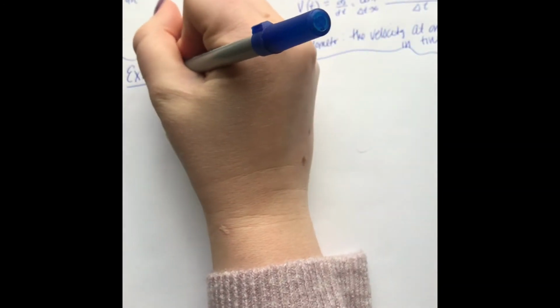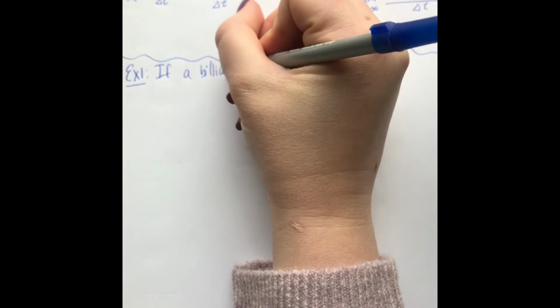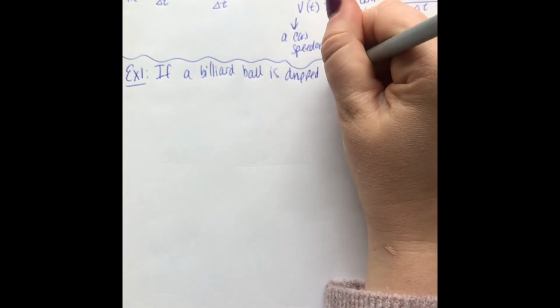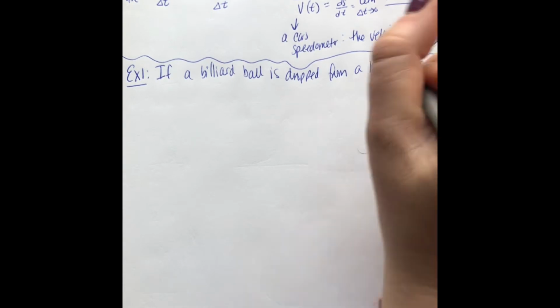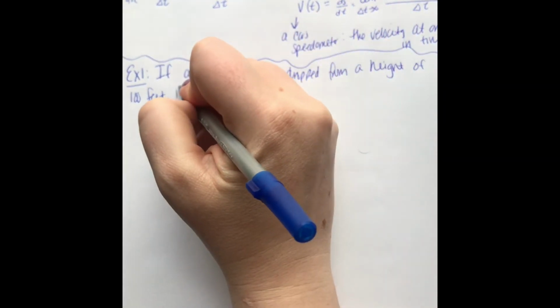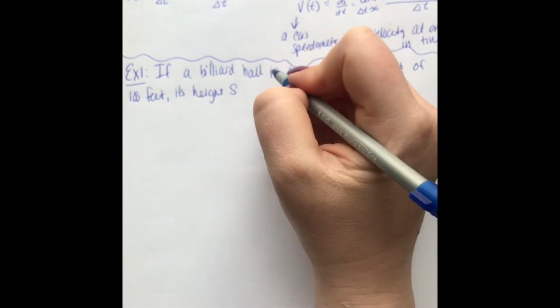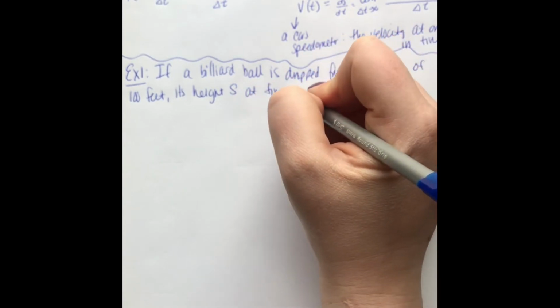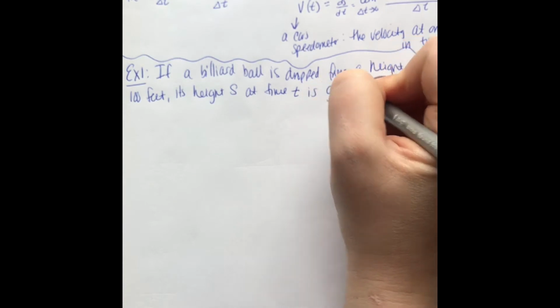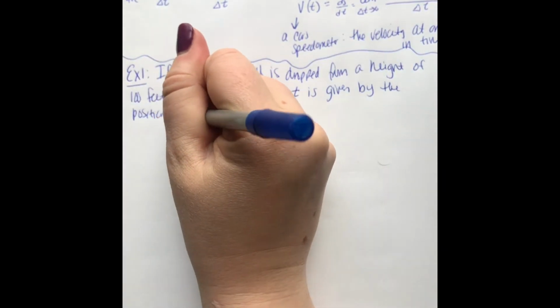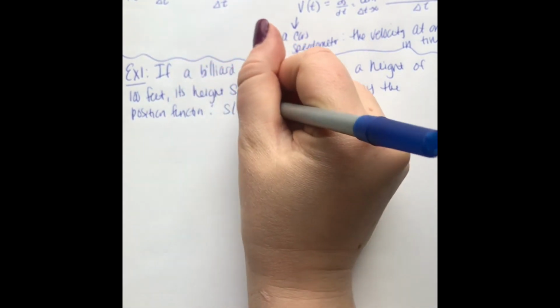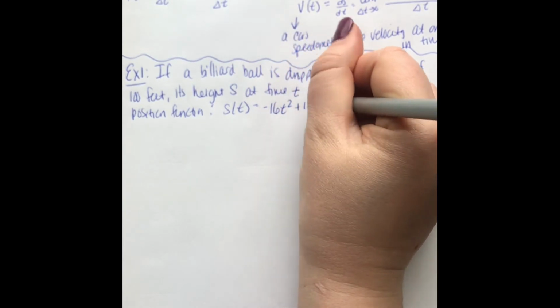If a billiard ball is dropped from a height of 100 feet, its height S at time t is given by the position function S of t is equal to negative 16 t squared plus 100.